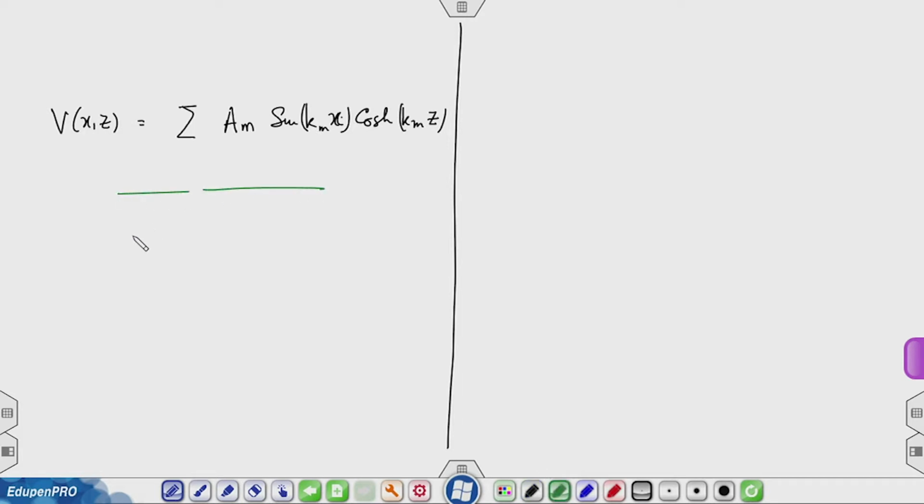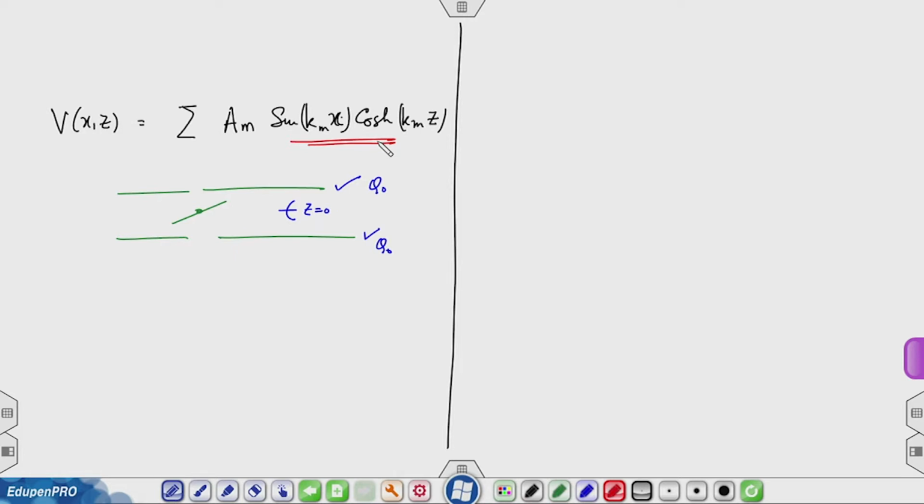Because again, the solution is odd about the x part, and is the same at plus minus d, and is even about z equals 0. So, this is the best solution. As I said earlier, even if I wrote the full solution out, I will pick up non-zero terms only with this product.